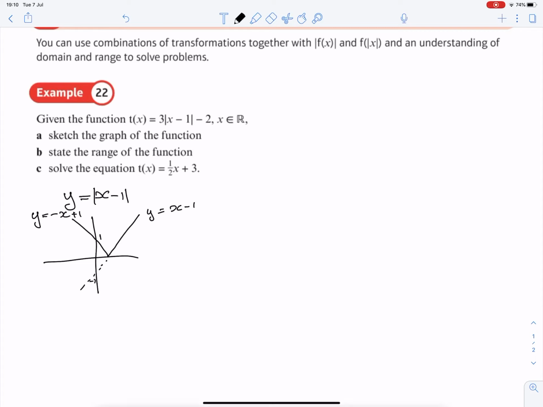Okay, now we've got to multiply that by 3. So we have y is equal to 3 lots of the modulus of x minus 1.